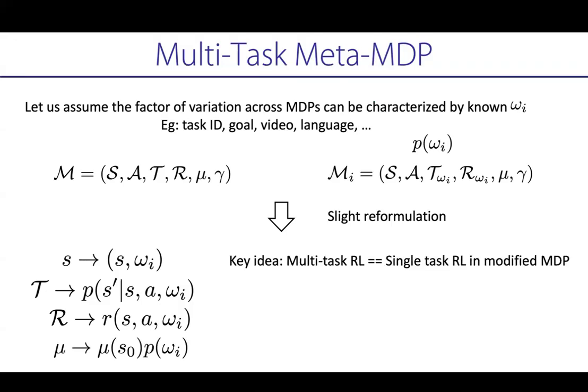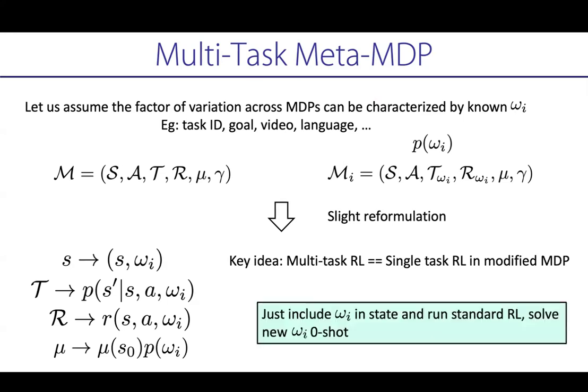And your policy that you're going to try and get also takes in S and omega I, right? So you're trying to learn pi of A given S and omega I. So when you hear about language-conditioned policies and so on, you're just taking your state, also feeding in language, also feeding in a goal image, also feeding in instruction.